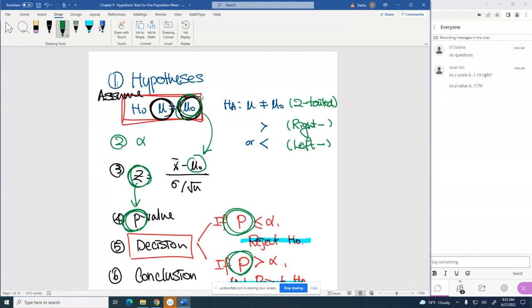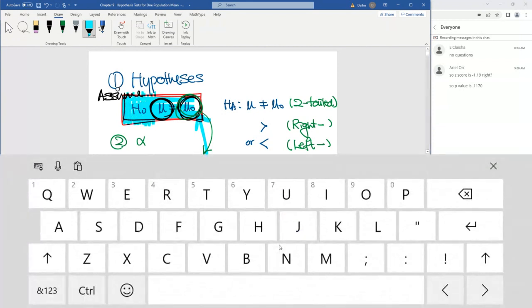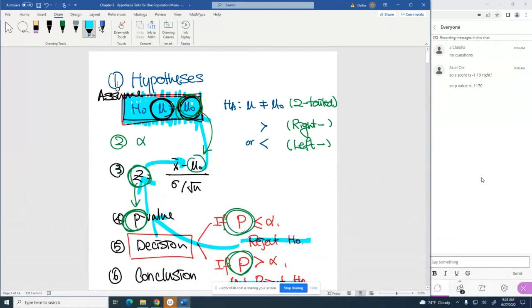So please go back: p-value, z-score. What is the decision for? We have to make the conclusion for the assumptions, for the null hypothesis. The hypothesis test is actually for the null statement.